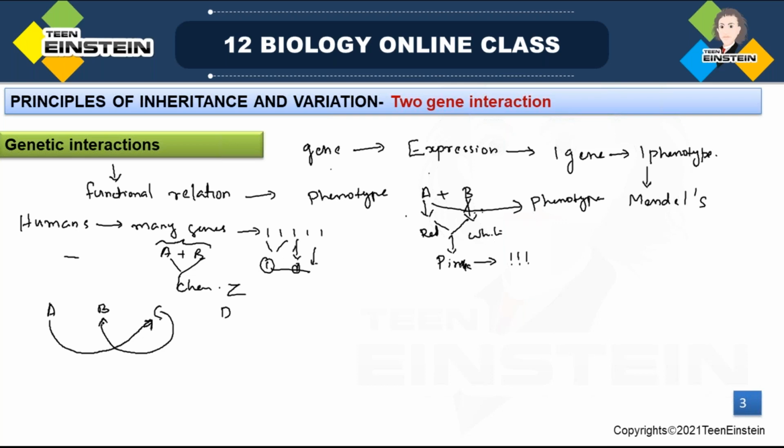Those cases also will be there; I will explain that with examples and then you will be clear. So without gene C, gene B may not be working. Gene C will activate gene B, and after the combined effect of all these three genes, gene D can give a product or a phenotypic expression. So this is a combined work.